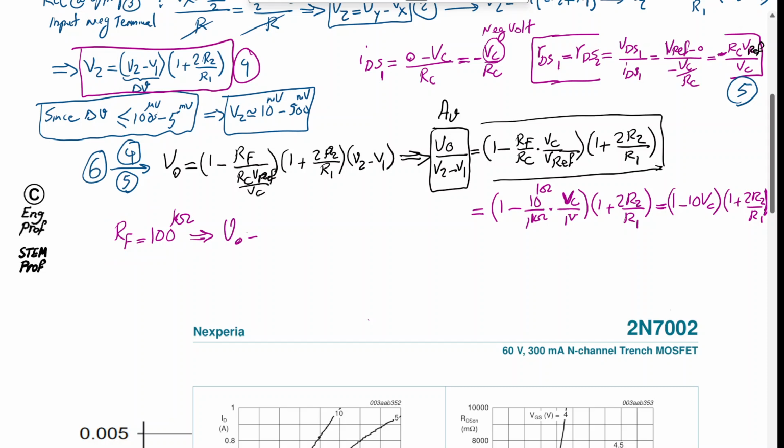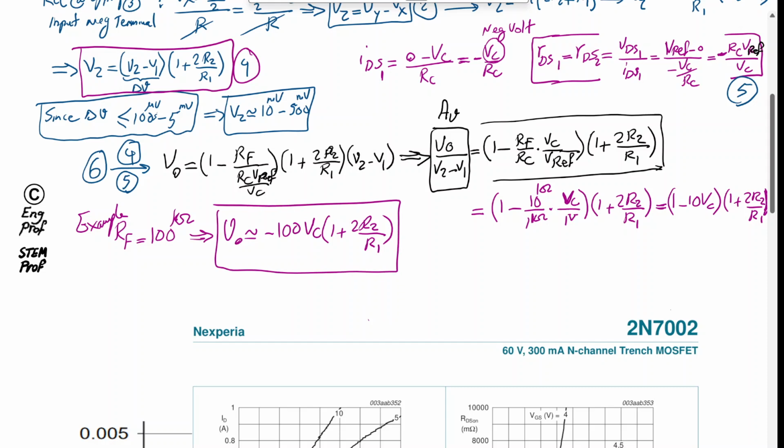Then Vout is equal to 1 minus, and as I said, we can neglect 1 compared to 100 VC that we will end up having. So Vout in this scenario is roughly just minus 100 VC times 1 plus 2R2 over R1.